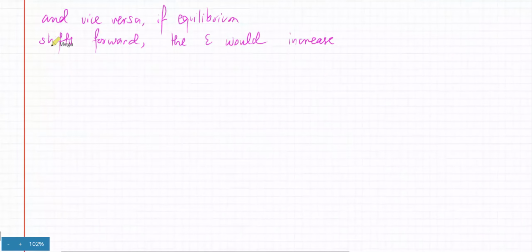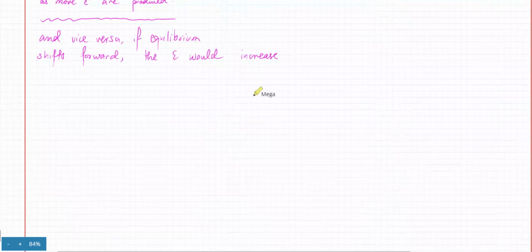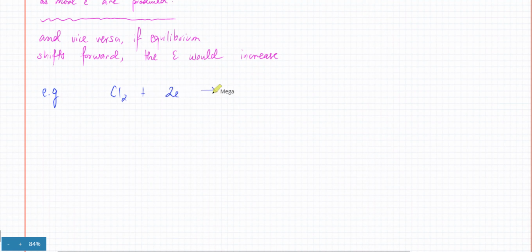And then, let's do a few examples. I have a reaction, and we're going to apply Le Chatelier's principle now to those reactions. There's chlorine gas gaining 2 electrons in equilibrium with Cl minus. And the standard E naught under standard conditions is 1.36 volts.